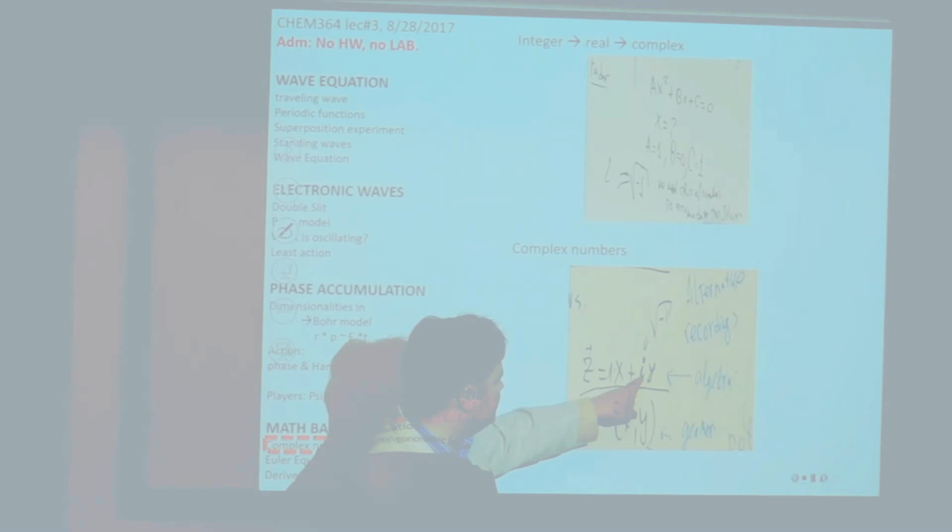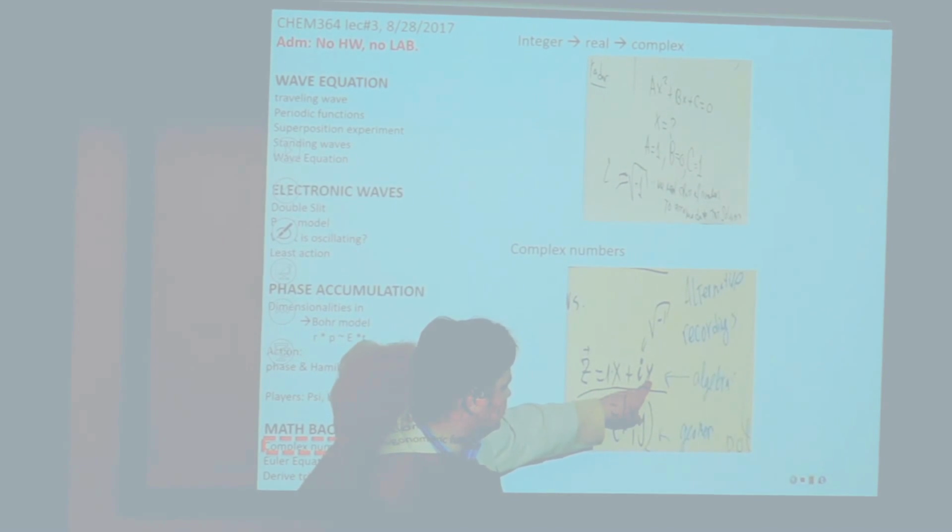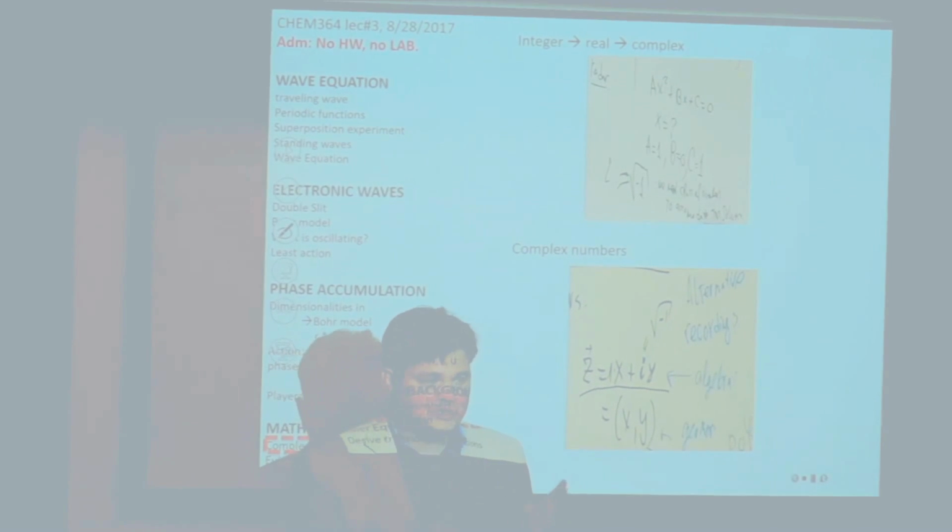So if we define this i number as square root of minus 1, then you have a real projection and an imaginary projection. They together build a two-dimensional vector, which is a complex number. It doesn't surprise you. Good. What should we know about them? Some basic principles.